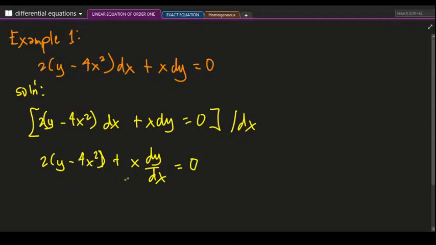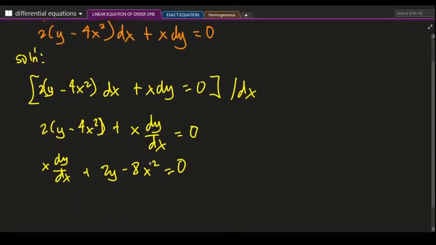We'll just rearrange this one. So we will have x dy/dx, then we should distribute our 2 to this quantity. So we'll have 2y minus 8x squared is equal to 0. This is a pure function of x.